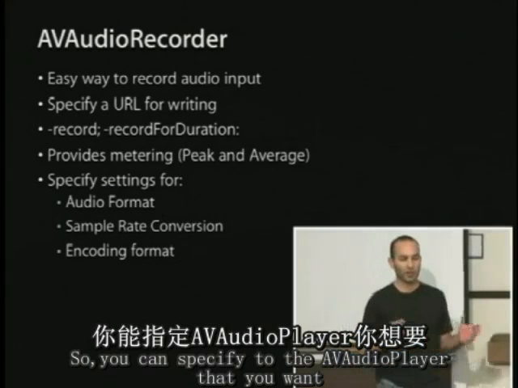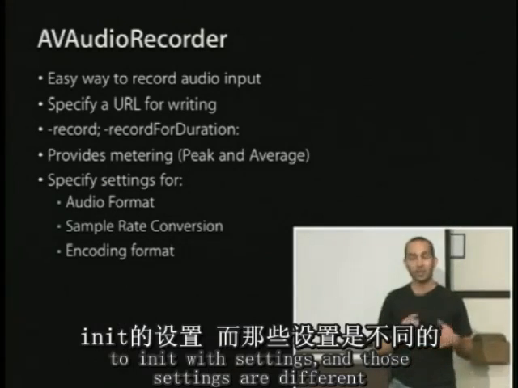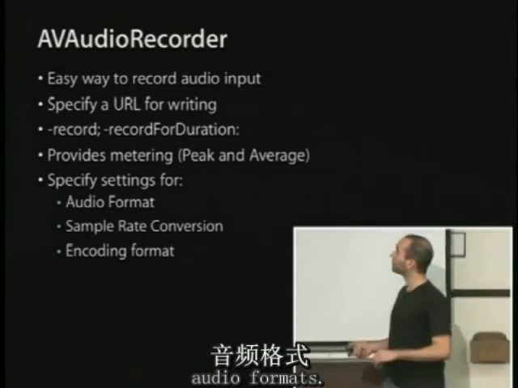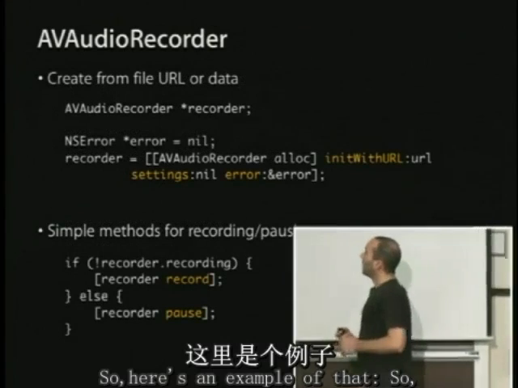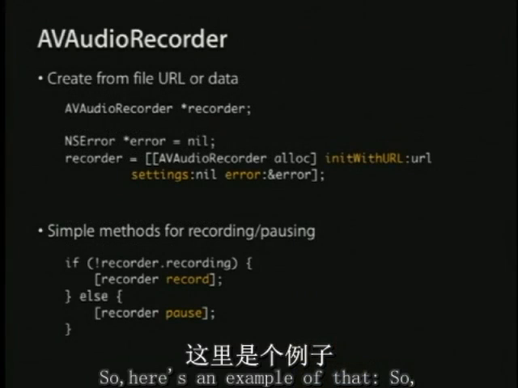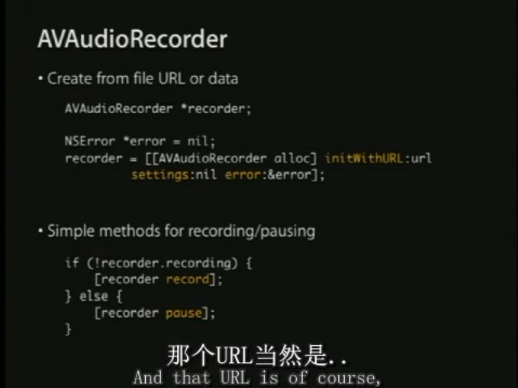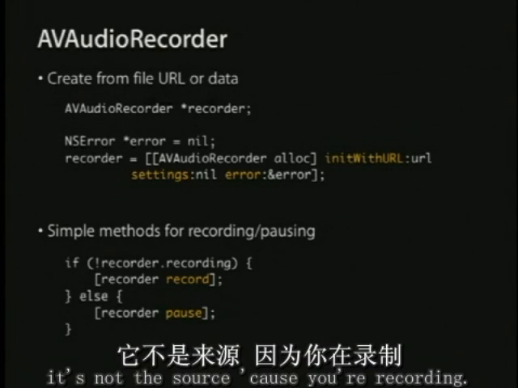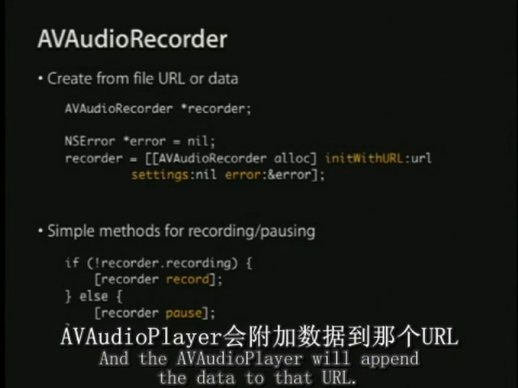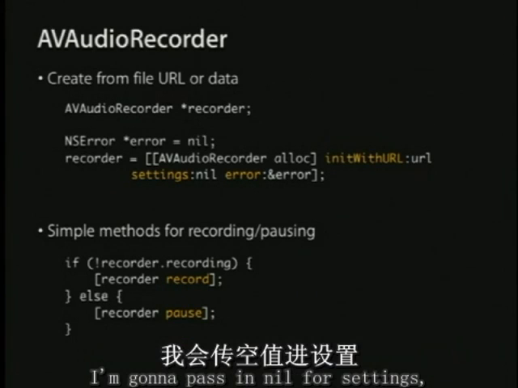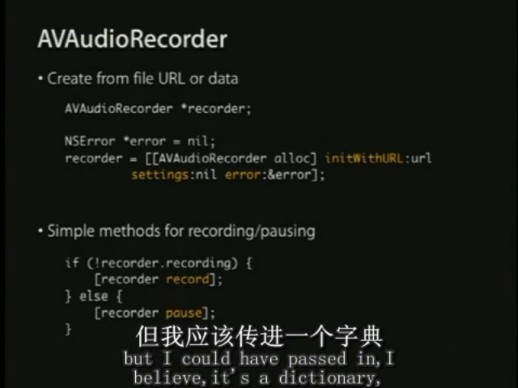So you can specify to the AV audio recorder that you want to init with settings, and those settings are different audio formats. So here's an example of that. You actually create an AV audio recorder with a URL. And that URL is, of course, not the source because you're recording. It's the destination, and the AV audio recorder will append the data to that URL. I'm going to pass in nil for settings, but I could have passed in, I believe, a dictionary.